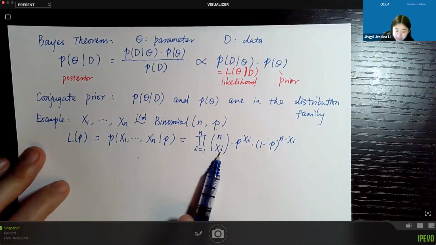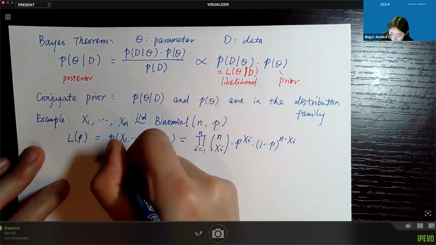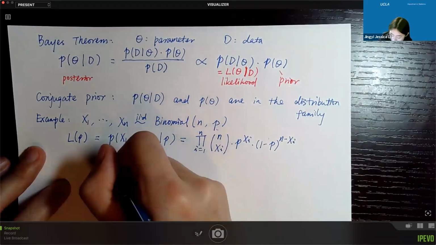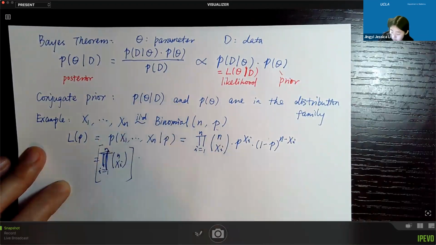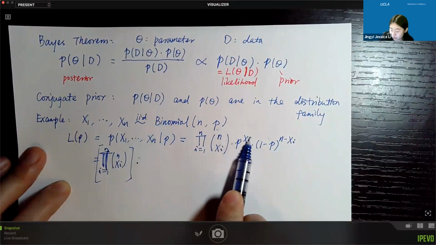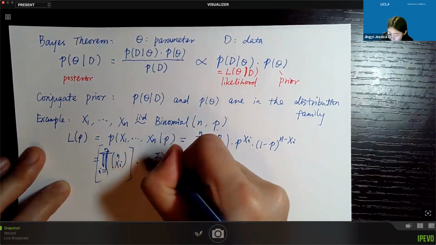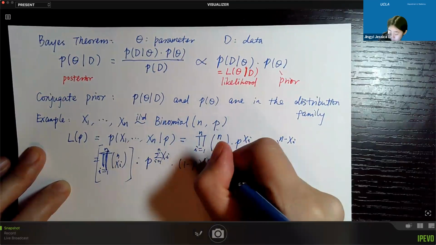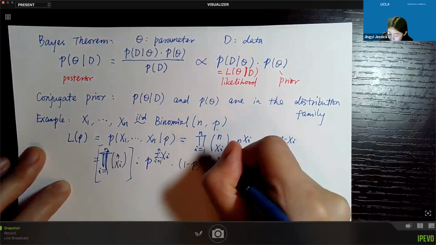If I simplify a little bit, I put a product here, i from 1 to m, of n choose xi. And then I can put this product into the exponents, so I have p to the power summation of xi, times 1 minus p to the power, what will be here? It will be n squared minus summation of xi.